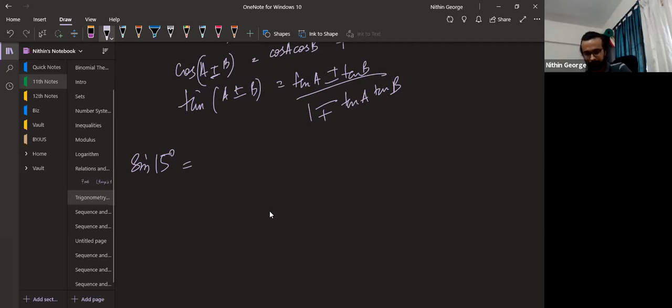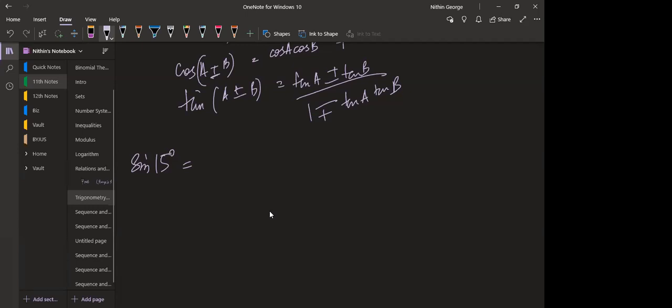Value of sin 15. Root 3 minus 1 by 2 root 2.